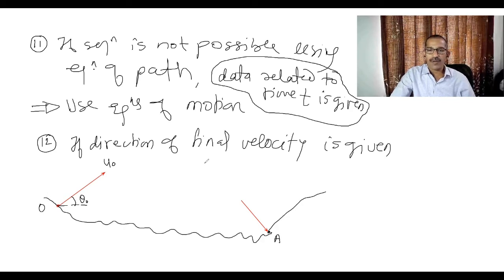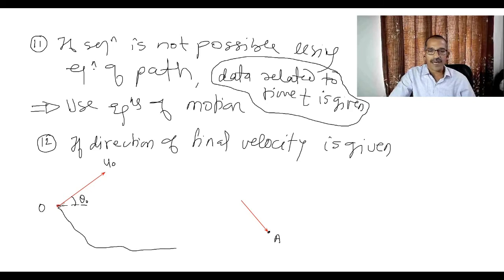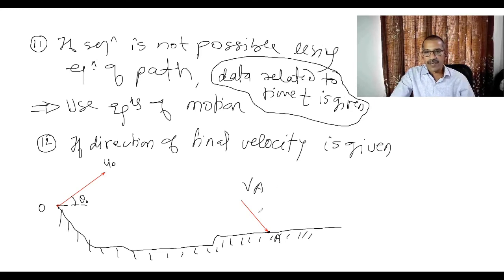Anything may be given. The plane may be horizontal or inclined, anything like this. Important is this VA, and this angle is given at point A. Normally in this problem, the direction of final velocity is given.